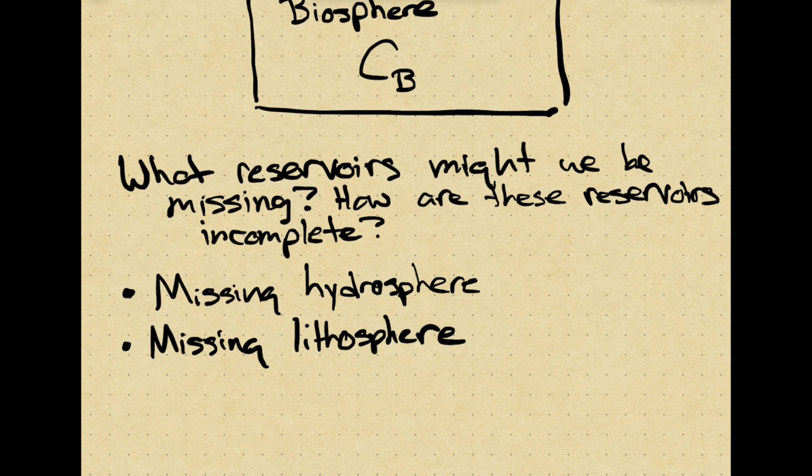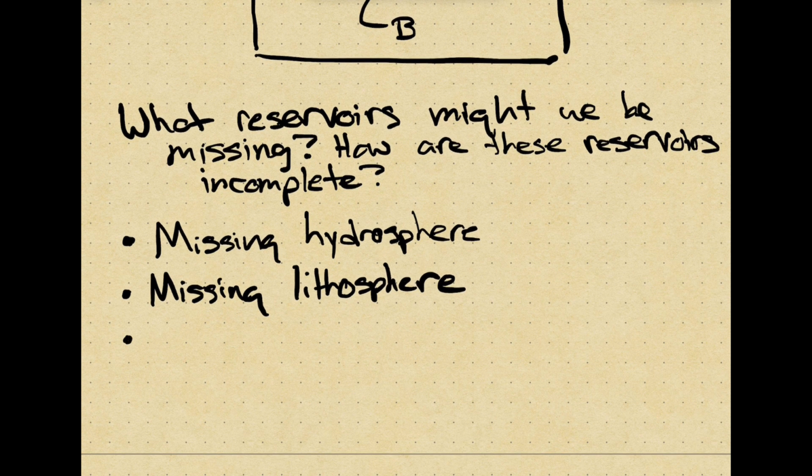What about this biosphere box here? What are some ways that it oversimplifies the problem? What comprises the biosphere? Presumably that's living. Plants. Yeah, unpack that a little bit more. There's clearly biospheric carbon in plants, but where else is there biospheric carbon? Animals, yeah, that's true. What are the plants living in?